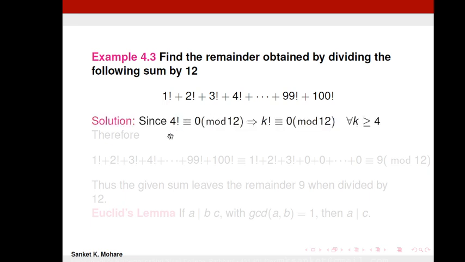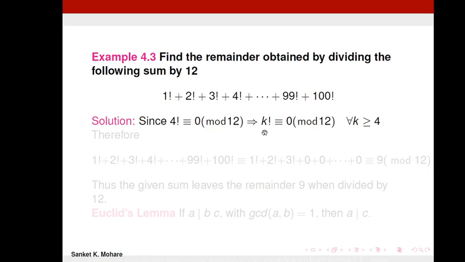Since 4 factorial is equal to 24, that's why 4 factorial is congruent to 0 modulo 12, as 12 divides the difference 4 factorial minus 0, which means 24 minus 0. So 12 divides the difference 24 minus 0. That's why 4 factorial is congruent to 0 mod 12.